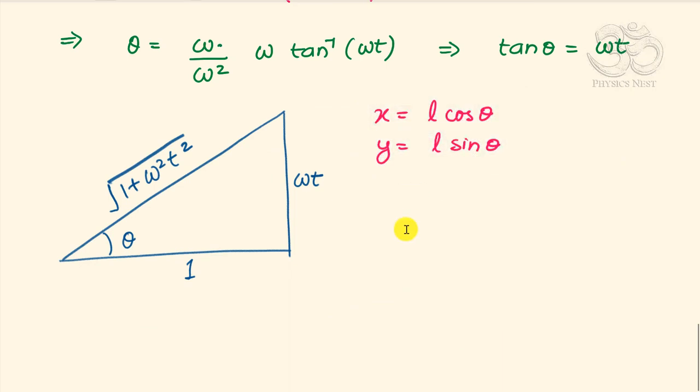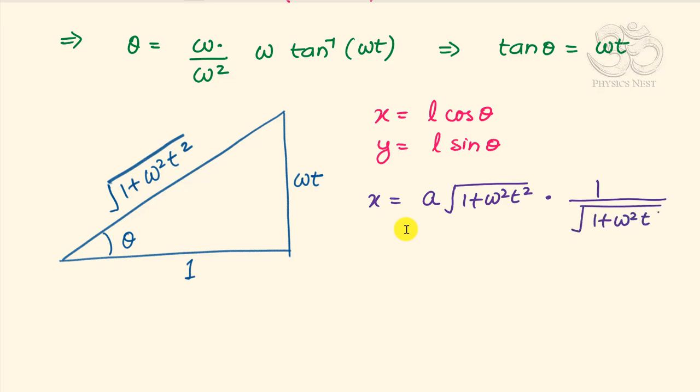The x coordinate will turn out to be L, that is a times root of 1 plus omega square t square times cos theta, which is 1 divided by root of 1 plus omega square t square, which will give you a. So x is equal to a. That is wonderful.